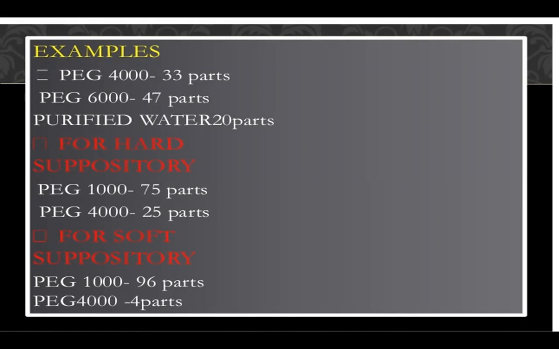For hard suppositories, polyethylene glycol 1000 has 75 parts and 4000 has 25 parts. For soft suppositories, polyethylene glycol 1000 has 96 parts and then 4 parts of another grade, so that becomes a soft suppository. Hard suppository and soft suppository, this type of base has been used.